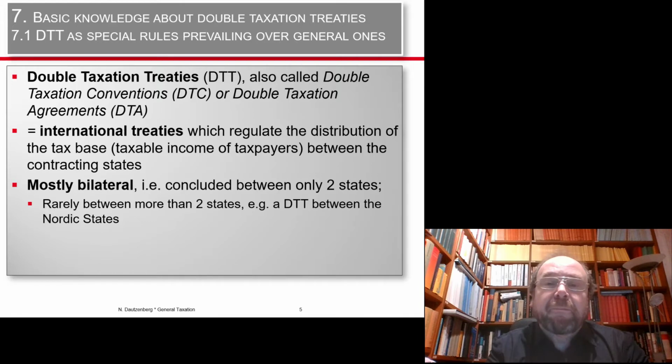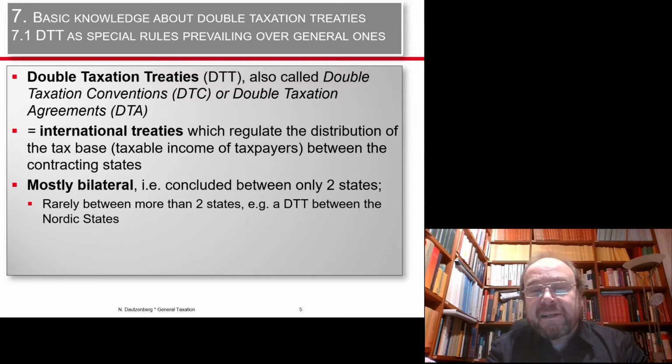And so they might make treaties which then regulate how the prey is divided, so how the taxable income is attributed to the different states which are interested in your taxation. That's the most interesting part. Double taxation treaties just divide the income which a taxpayer has between the states involved.